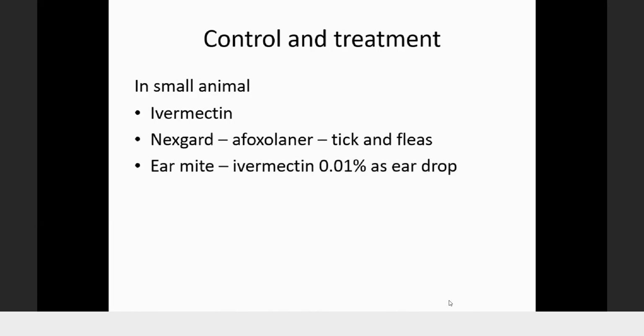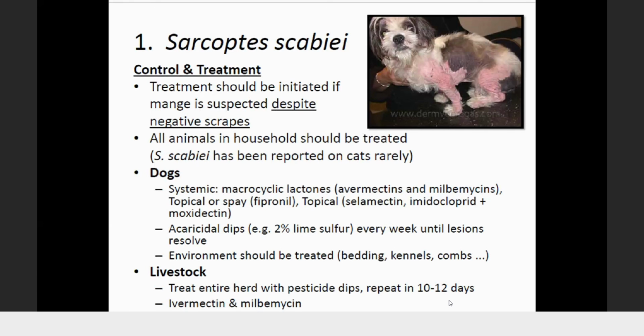Okay, so in small animals, we have ivermectin, and then others. Okay, for suspected cases, specific treatment should be initiated if suspected despite negative tests, as it's really hard to get success because of the overwhelming mites. Okay. And then all other animals in the household should be treated. Okay.